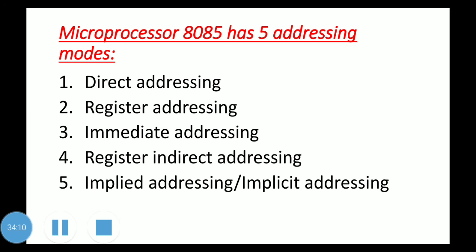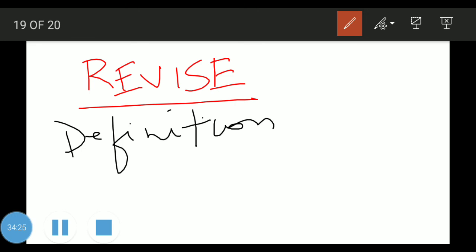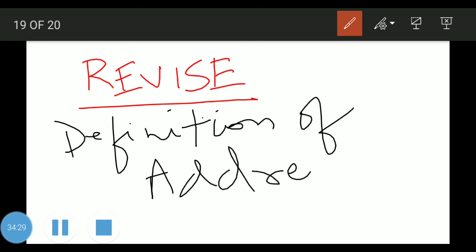Let us take a fast revision of what we have done. Let us revise. In your notebook, write the definition of addressing mode. What is the addressing mode? Write the definition of addressing mode of 8085.